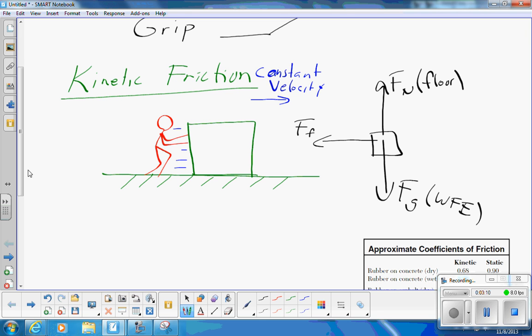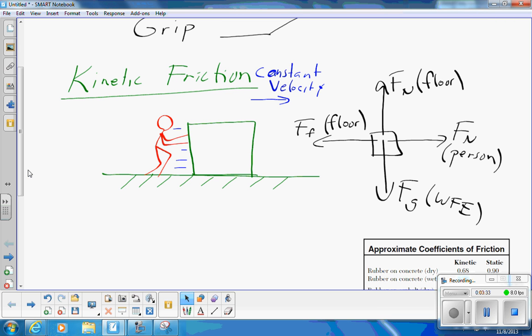This is the kinetic friction force, also exerted by the floor. And then there's the force to the right exerted by the person, which is keeping the box going here. And so those are all the significant size forces acting on that box as it slides.